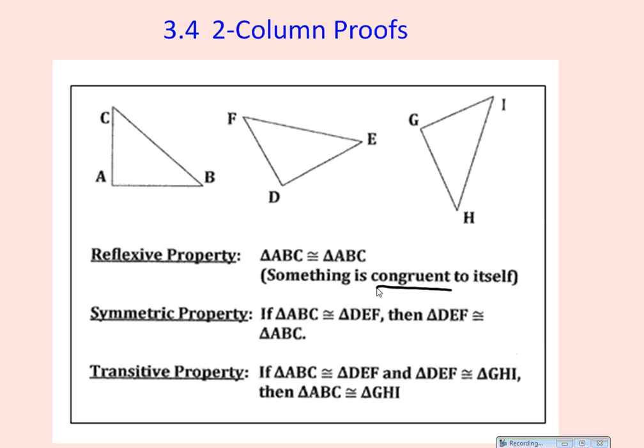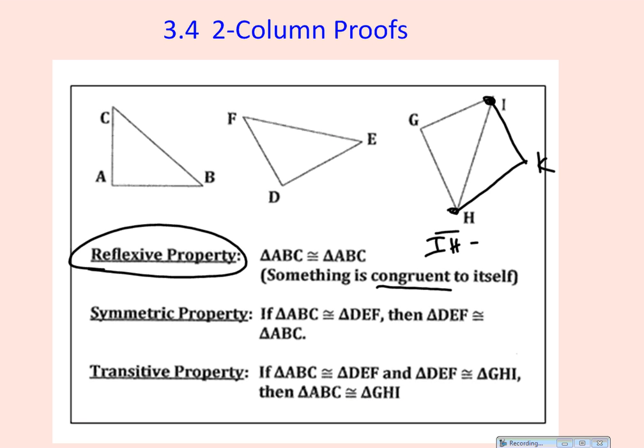So one of the biggest places that the reflexive property shows up is if I've got a triangle or two triangles that share a side. So if I draw another triangle off this triangle over here on the right, I call this one K, I can say IH is congruent to HI because it's part of both triangles and it's equal to itself, and the reason behind that is the reflexive property.